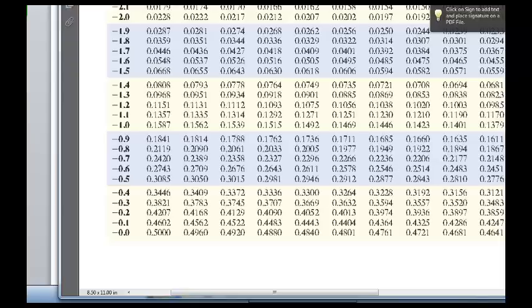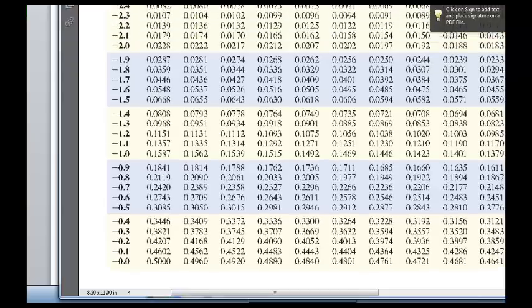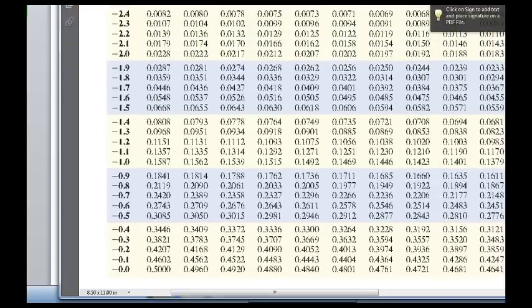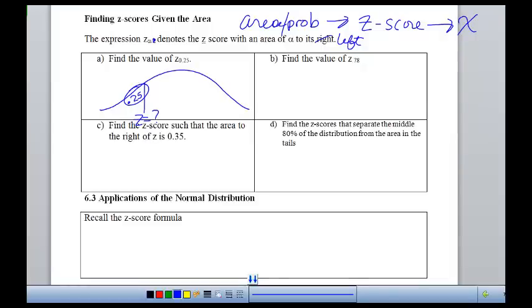And if we go over to the top, it'd be 0, 1, 2, 3, 4, 5, 6, 7. So we'd say negative 0.67. Okay, z 0.25 is equal to negative 0.67. Questions about that?